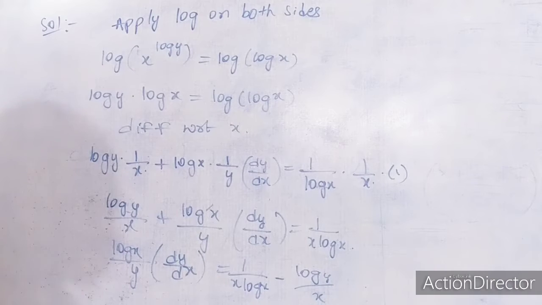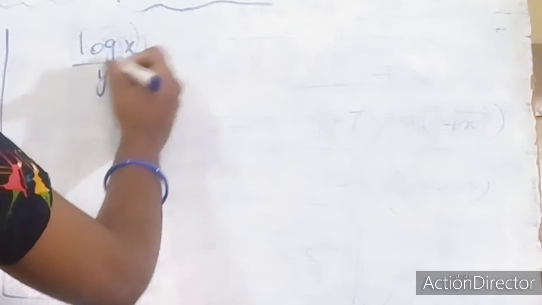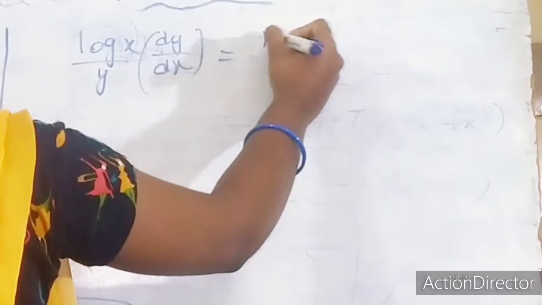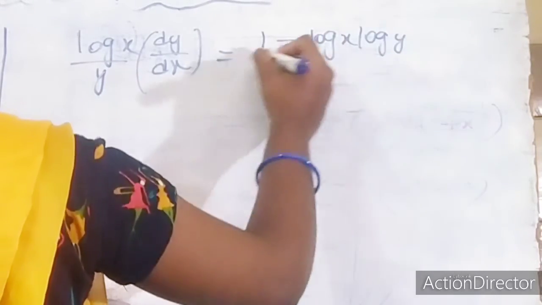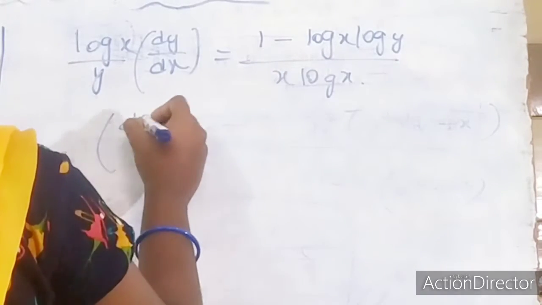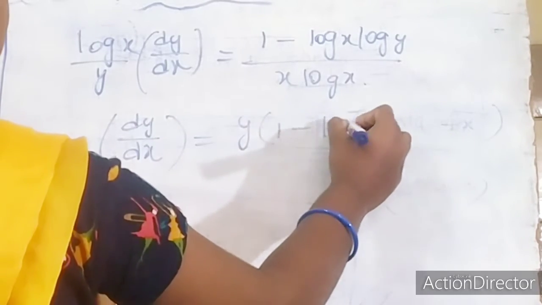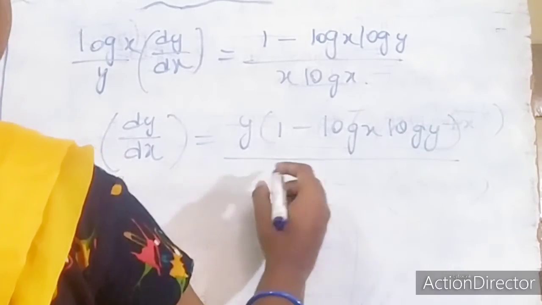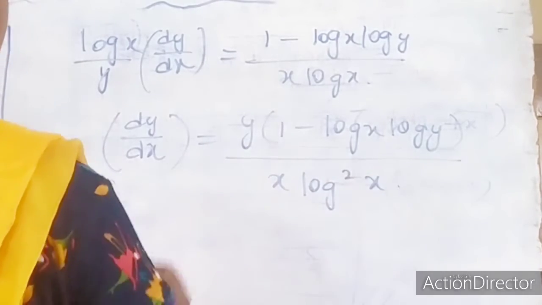Now log x by y into dy by dx is equal to, we will do the LCM, that is 1 minus log x log y divided by x log x. So the final answer, dy by dx is equal to y of 1 minus log x into log y divided by x log square x.